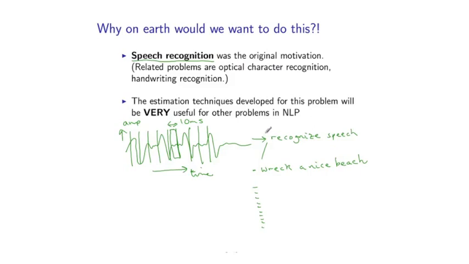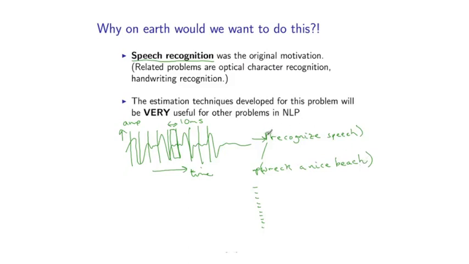Now, if we have a language model, we can actually evaluate a probability p of each of these sentences. A language model adds some very useful information to this whole process, which is the fact that the sentence "recognize speech" is probably more probable than the sentence "wreck a nice beach."